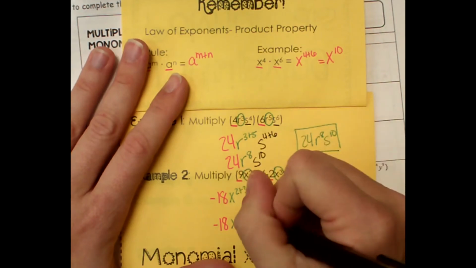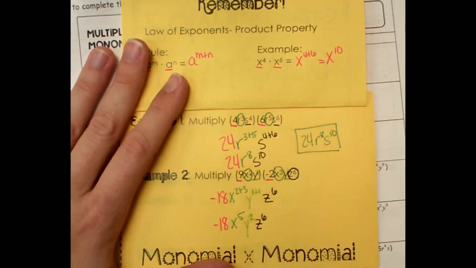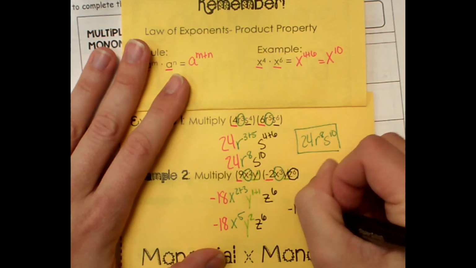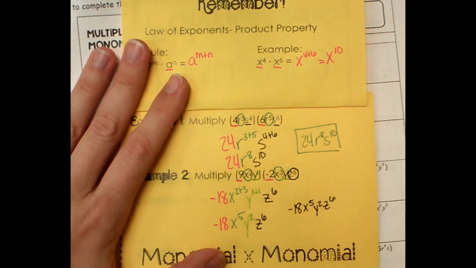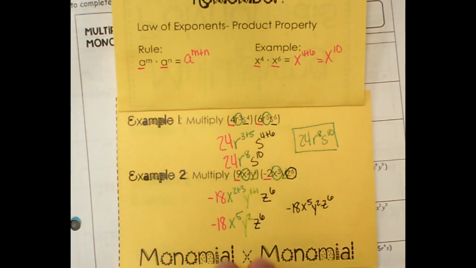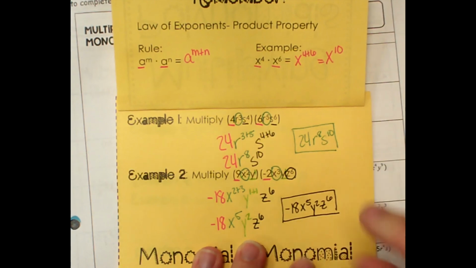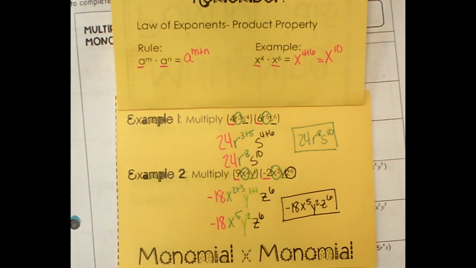And then you also don't forget about z to the 6th. It's all about adding your exponents. So then when I'm done, my answer is negative 18, x to the 5th, y squared, z to the 6th power. Sorry, this then is my answer. Using these notes from your foldable, you need to complete page 13.